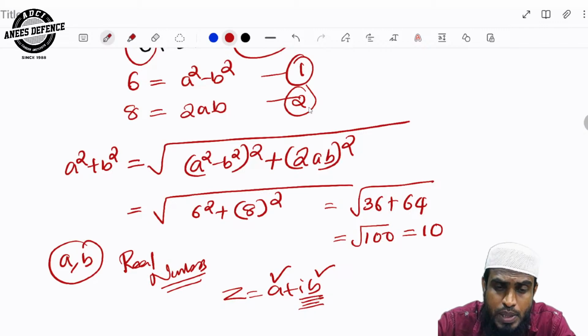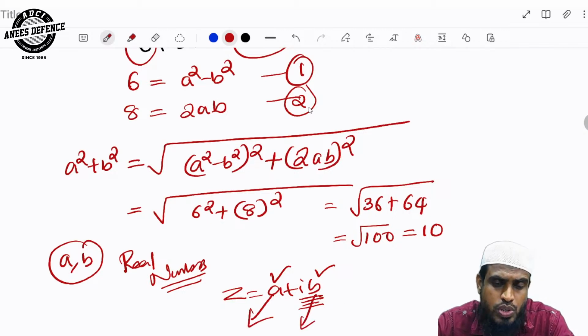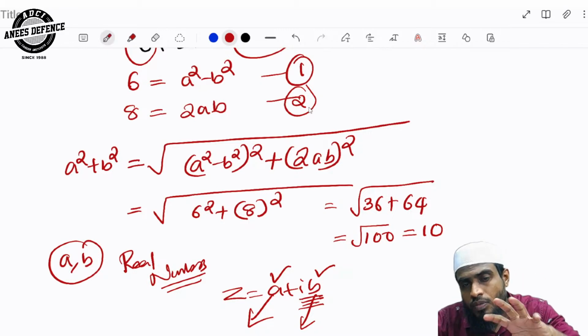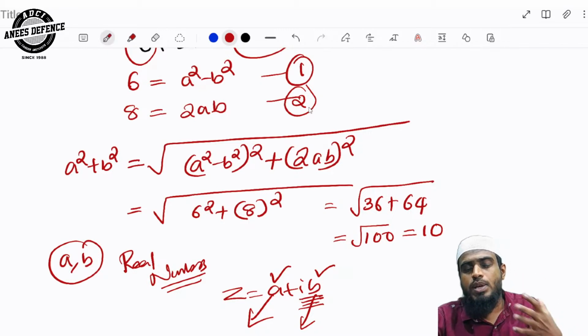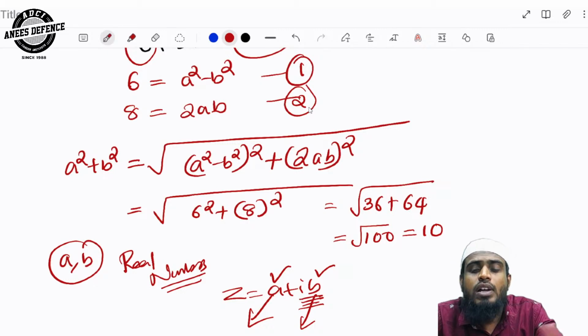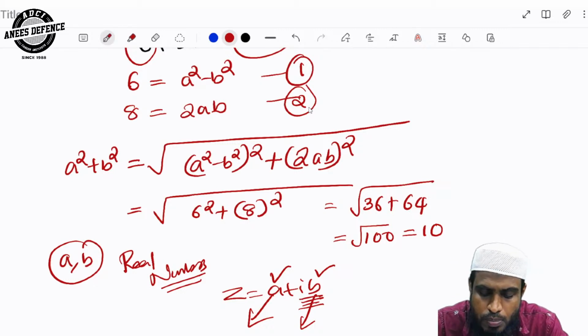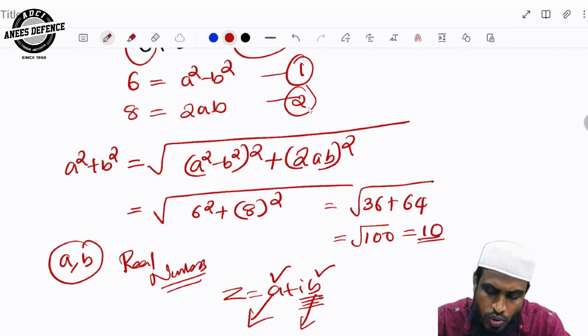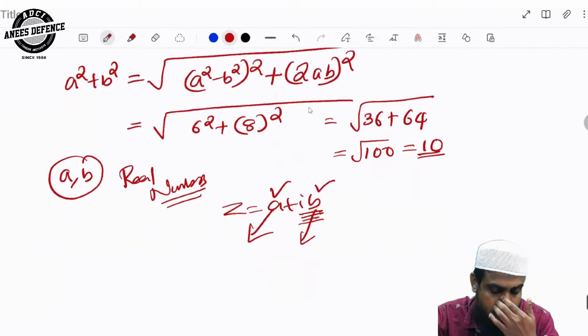That does not mean that b is an imaginary number. Both a, b are real numbers, which can be positive or negative. Since b is associated with iota, we call ib the imaginary part. So still a and b both are real numbers only. So real number square is always positive. So we have to consider 10 only. No need to go for minus 10.